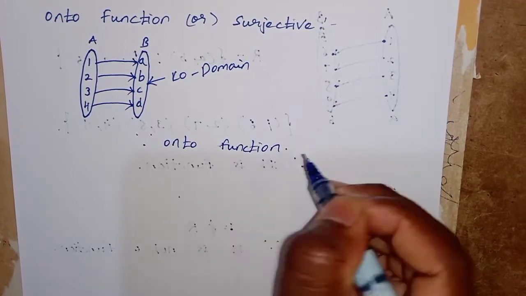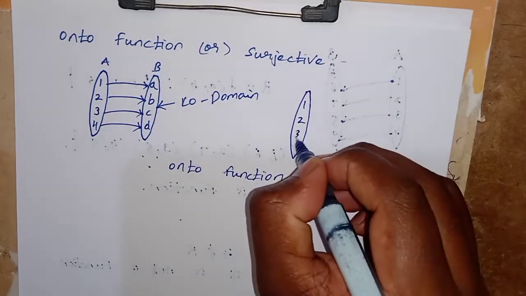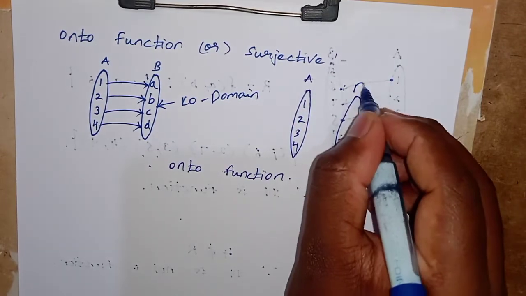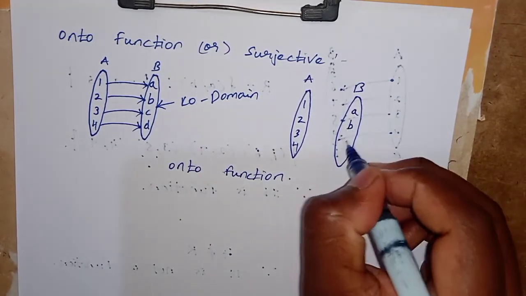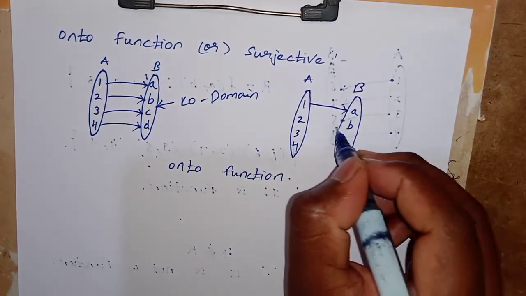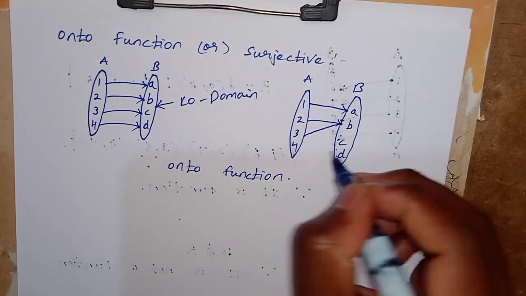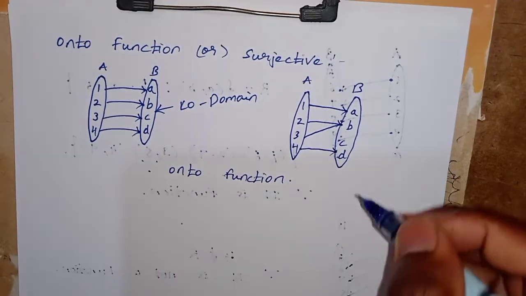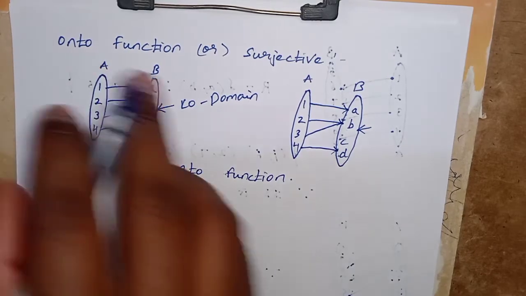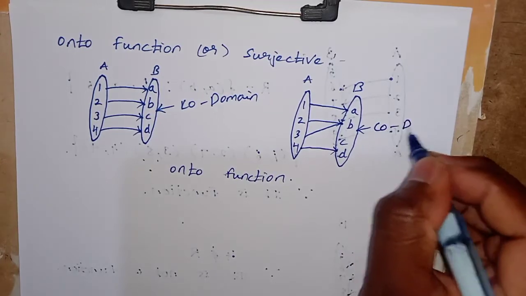Suppose the case 1, 2, 3, 4, here capital A, capital B, A, B, C, D. Here 1 is related to A, 2 is related to B, 3 is related to B, 4 is related to C. Here you have to check the onto condition. Onto means you have to check the set B, that is the codomain.